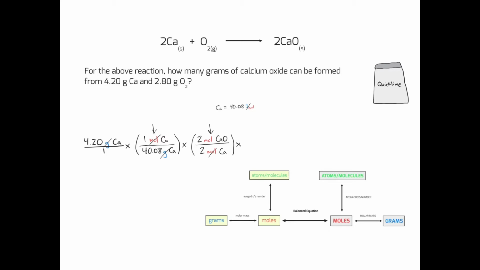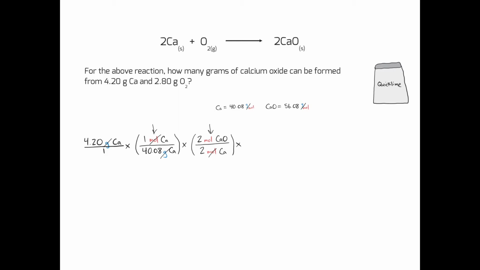So now we have moles of calcium oxide, and our last step is to convert from moles of calcium oxide to grams of calcium oxide. And we do that by using the molar mass of calcium oxide. Using our periodic table, we calculate the molar mass of calcium oxide and find that it's 56.08 grams per mole. We set it up so our moles of calcium oxide on bottom cancel with our moles of calcium oxide on top.